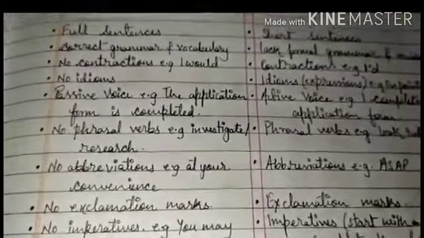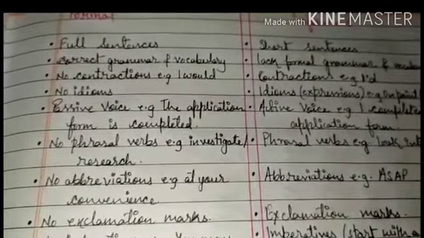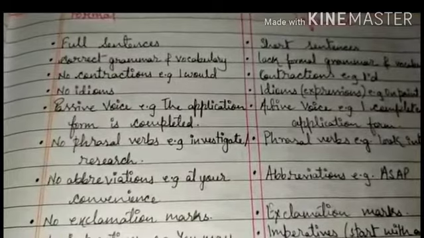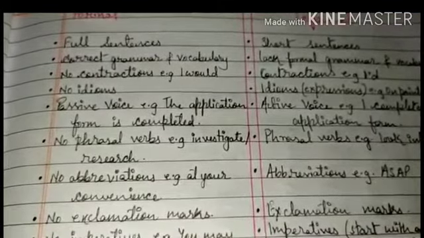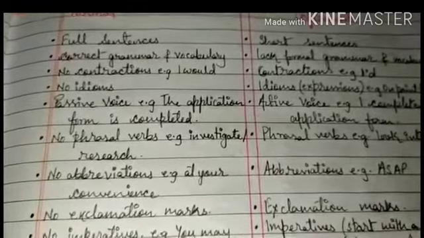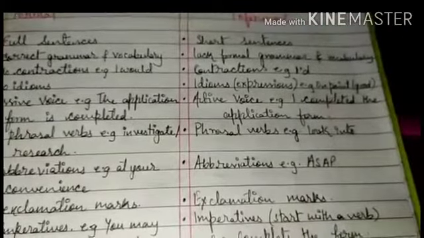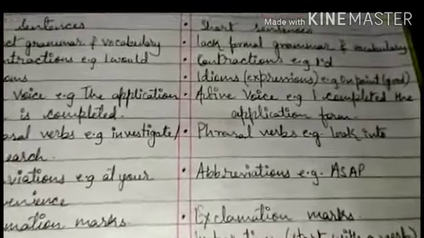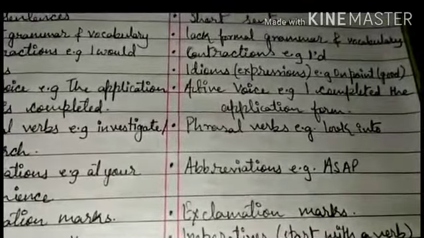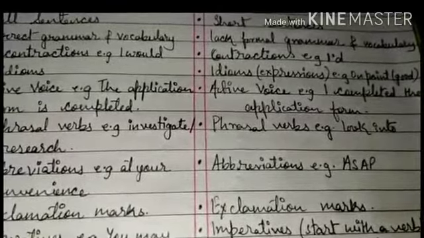You can use them. Next, in formal, passive voice. You can use passive voice like the application form is completed. Whereas in informal, you use an active voice. For an example, you can see, I completed the application form.